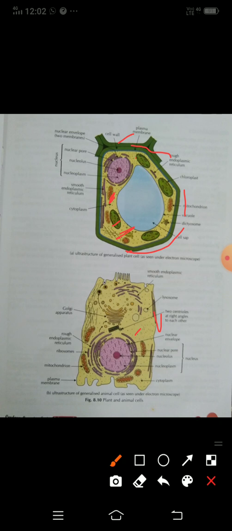Means all the activities, all the work performed in the cell, happen in the cytoplasm, because all the organelles are present in the cytoplasm and they perform their own particular work in this cytoplasm. Plant cell and animal cell both have the cytoplasm. In this diagram you have seen the yellow-like structure, that is the jelly-like structure known as the cytoplasm.